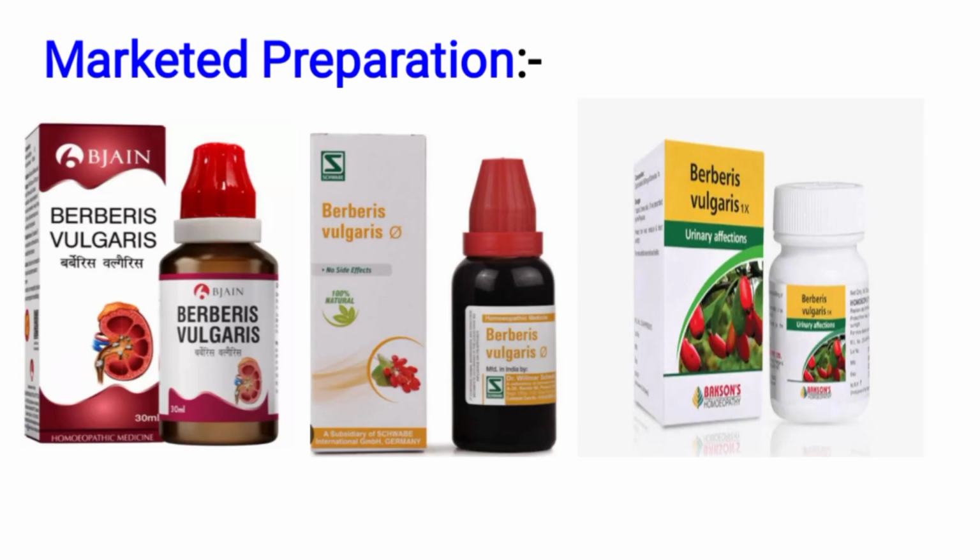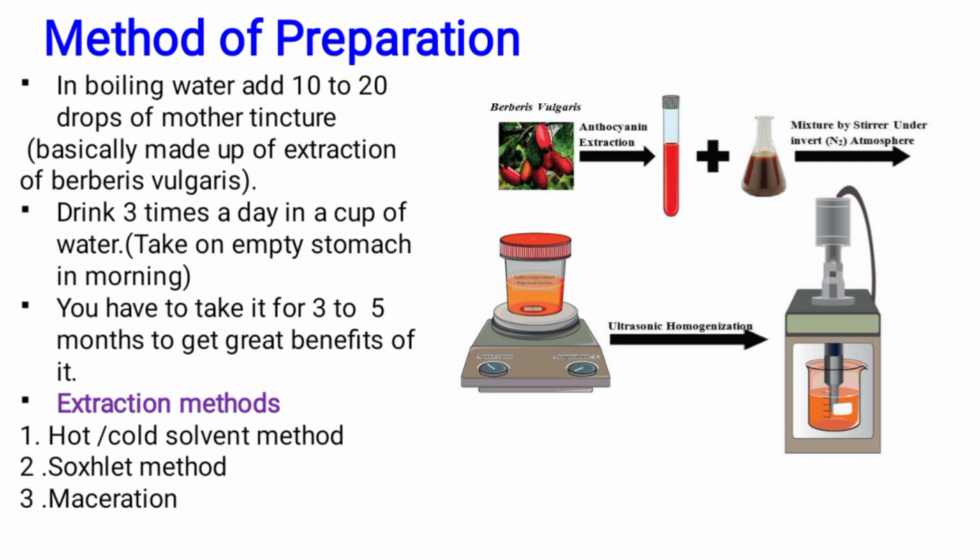Marketed preparations: Berberis vulgaris for kidney stone, Berberis vulgaris for diabetes, and Berberis vulgaris for urinary infections. Method of preparation: in boiling water, add 10 to 20 drops of mother tincture, basically made up of the extraction of Berberis vulgaris. Drink 3 times a day in a cup of water.